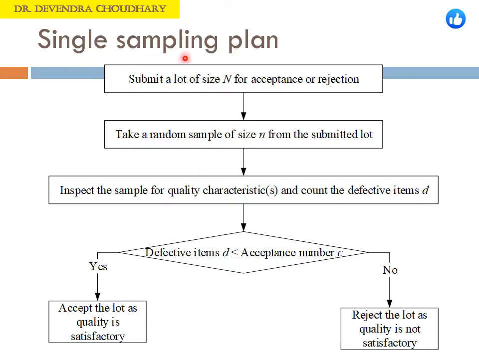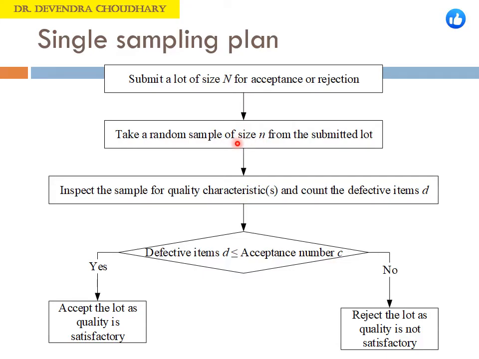Now, single sampling plan, as the name indicates, the decision regarding rejection or acceptance of the lot is made on the basis of a single sample. So here a supplier submits a lot of size N, then the customer takes a sample of size small n.